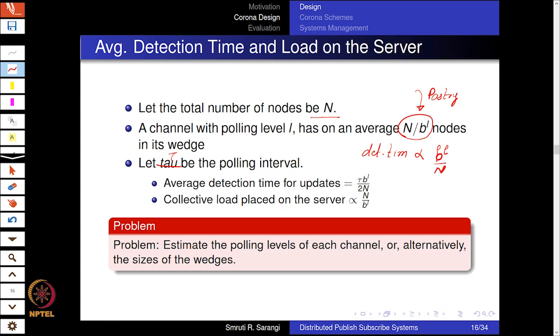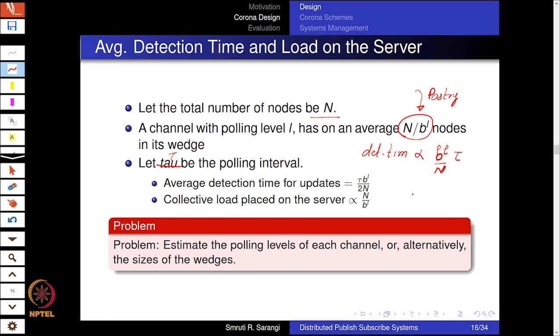Furthermore, the detection time will also be proportional to the average polling interval, which means that for every server, if it is polling once every tau seconds, the detection time will be proportional to that.